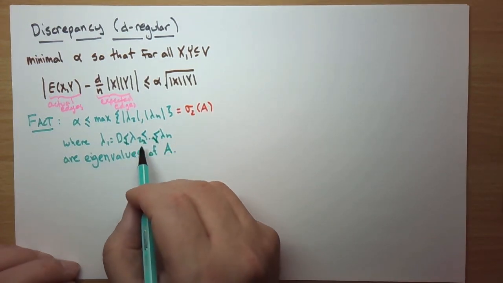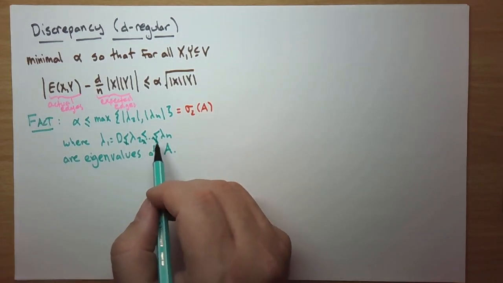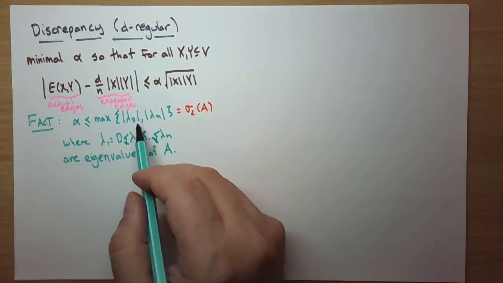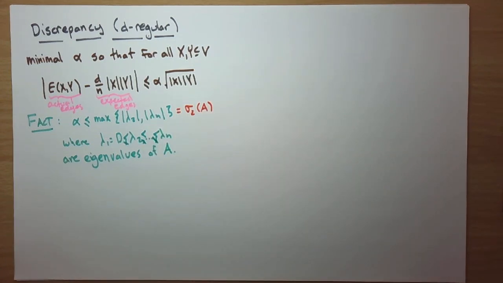Then I can say, really, I'm looking at the sizes of the absolute values, and those will be at the extremes. So that's why I say the largest of either lambda 2 or lambda n in absolute value.